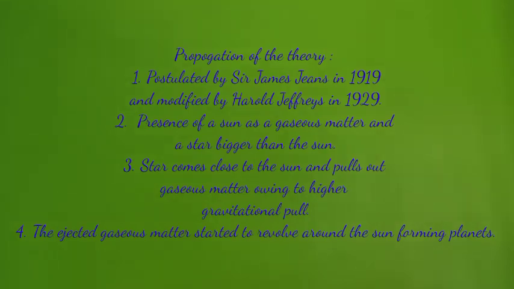So on this basis, because it's a force exerted by the star passing by the sun, a tidal force due to gravitational power, the theory is termed the tidal hypothesis. So this is for the day's class.